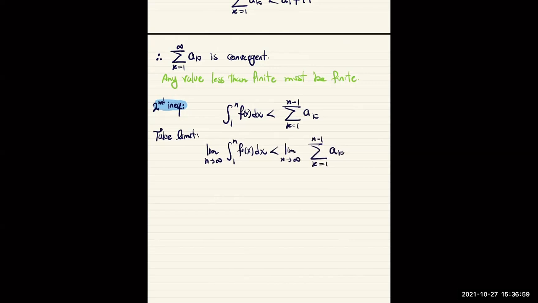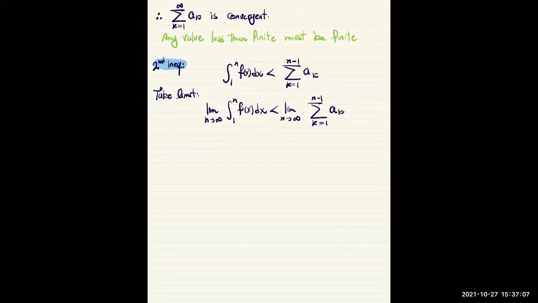Okay, so again, on the left, the limit of that integral is just the definition of the improper integral from 1 to infinity. And on the right hand, well, there we have again the series. If n goes to infinity, then this goes to infinity. You just write that as the sum k from 1 to infinity of a sub k, which is again our series.